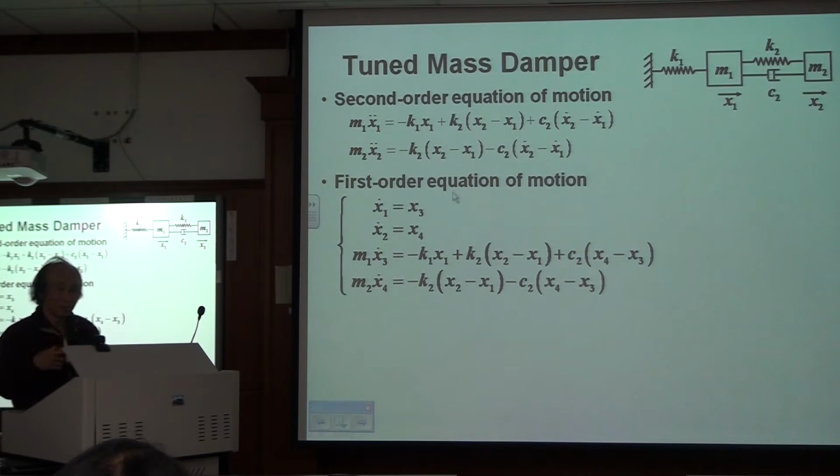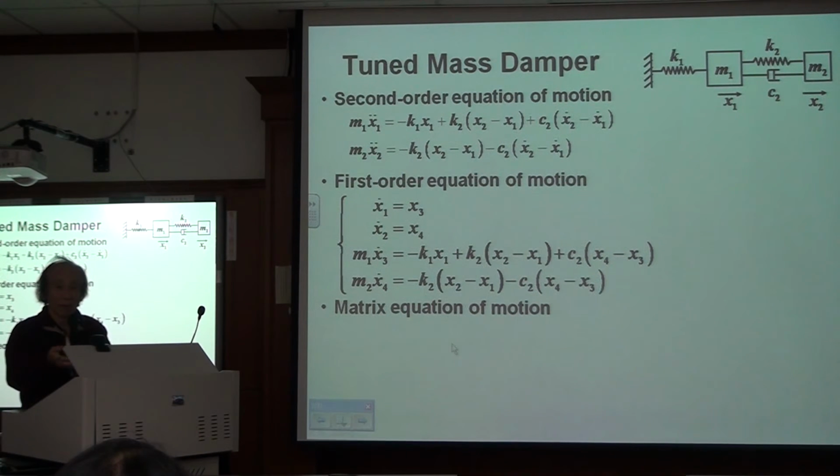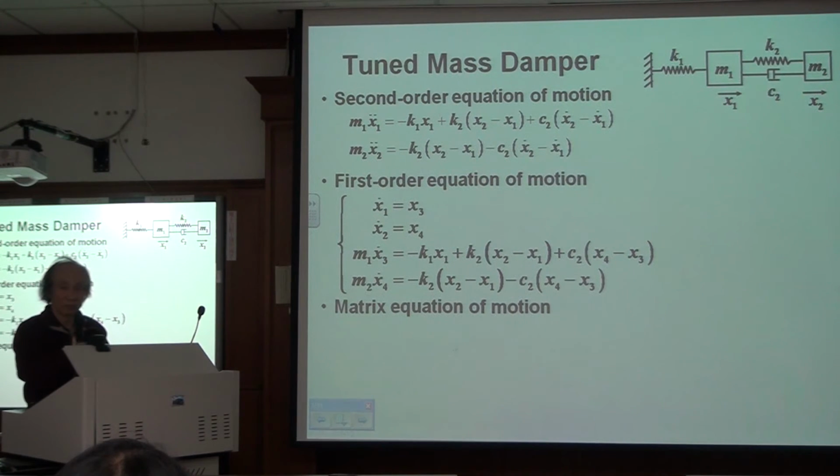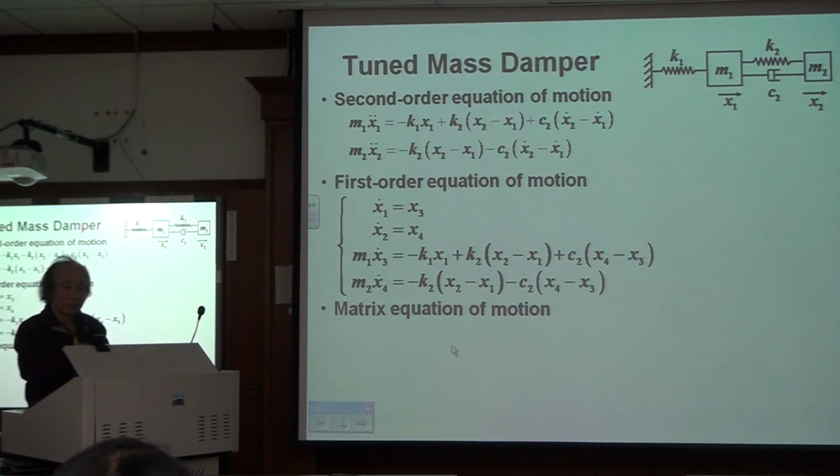If I give you an exam problem and say the first order equation of motion converted from the second order equation is a unique form, the answer is no. There are many different ways to do it. But this is the most common approach, because this is easier.